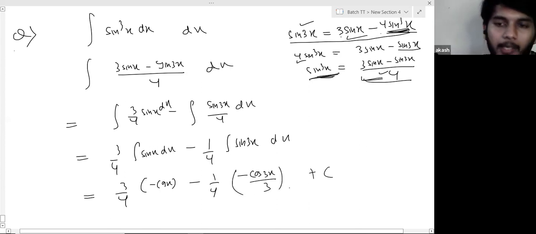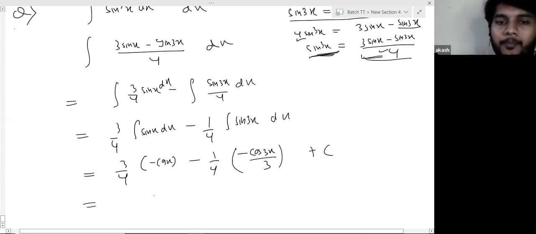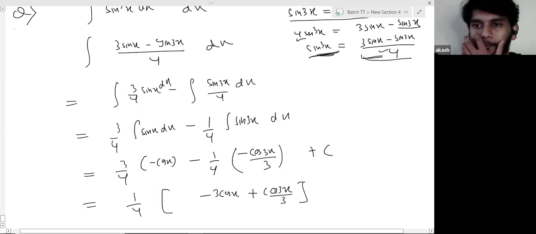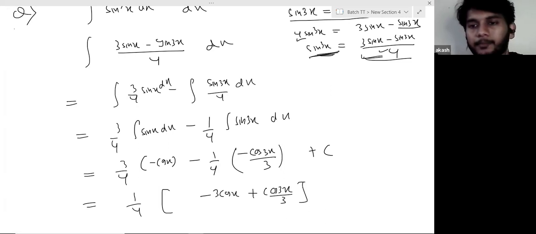So this will be the answer. You can take 1 by 4 common. So what you'll have is (minus 3 cos x plus cos 3x by 3). All right. Everyone is clear about this?